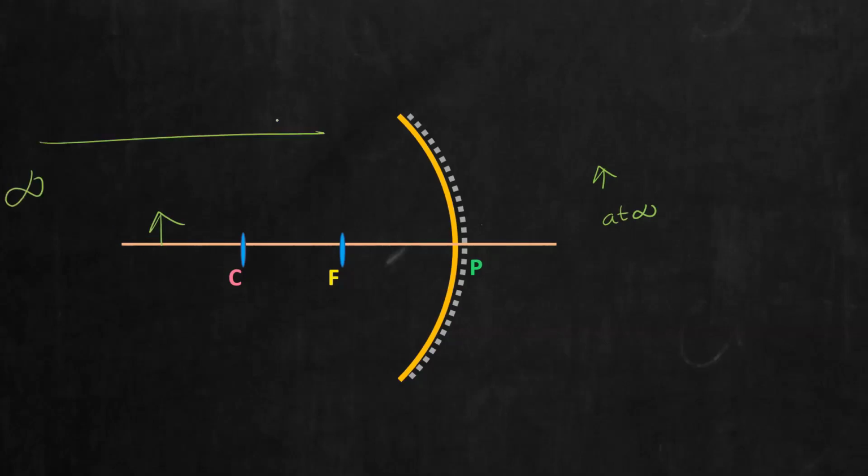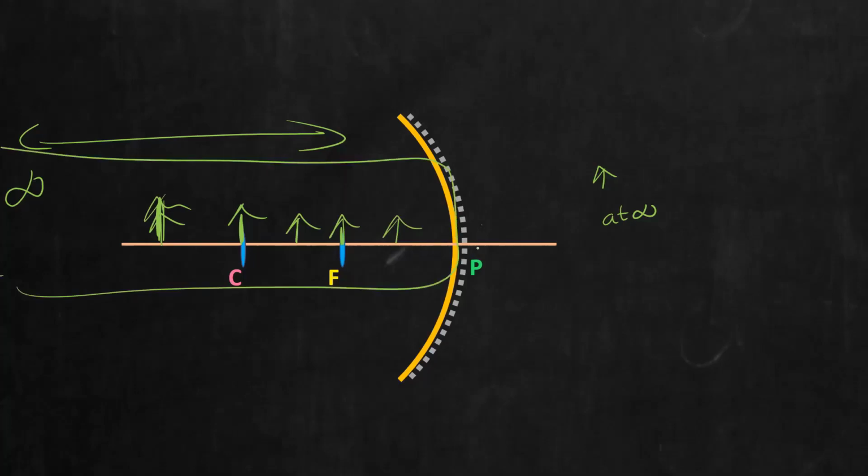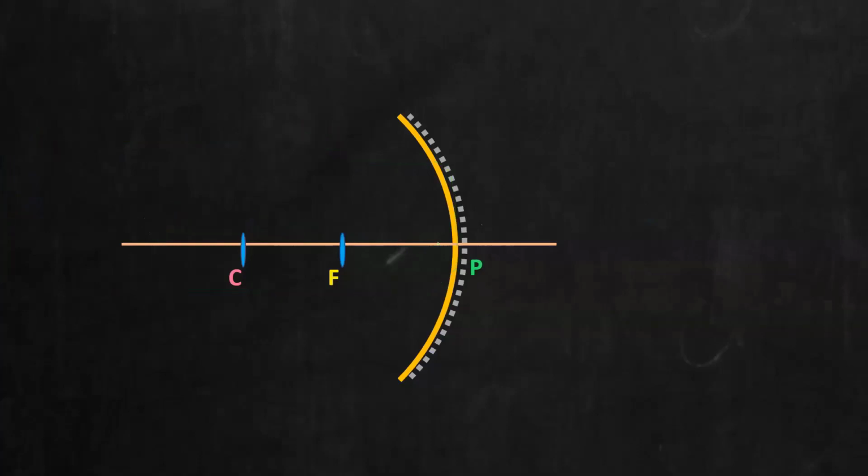Infinity means very far from the mirror itself. Second case, you will bring it a bit closer. You place the object beyond C, the center of curvature. Third case, you place the object at C itself, exactly at C. Next case, you will place the object between C and F, then at F, and finally between F and P. So these are the different positions we have to study. Clear? Now we have to see each case separately.